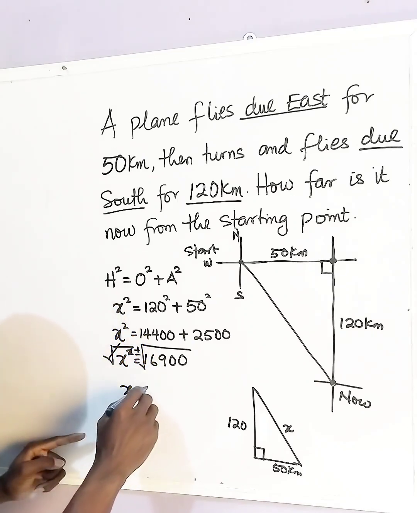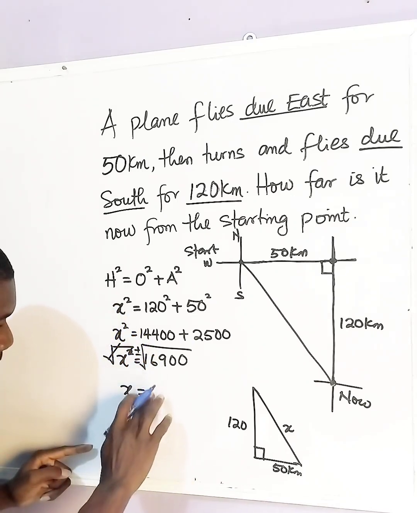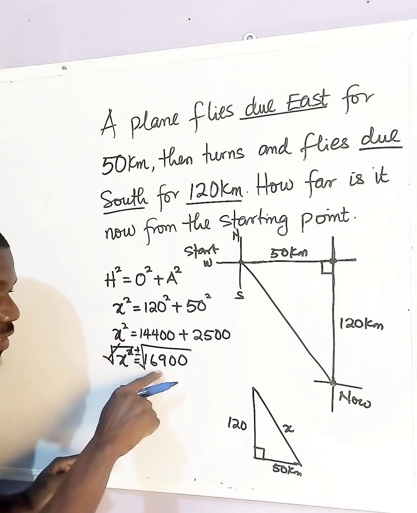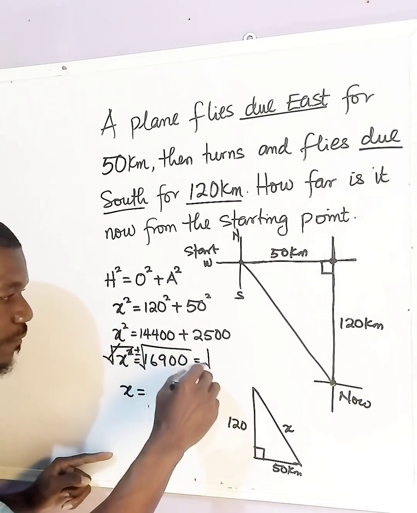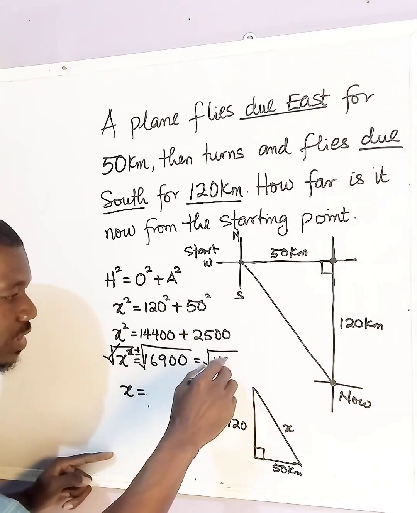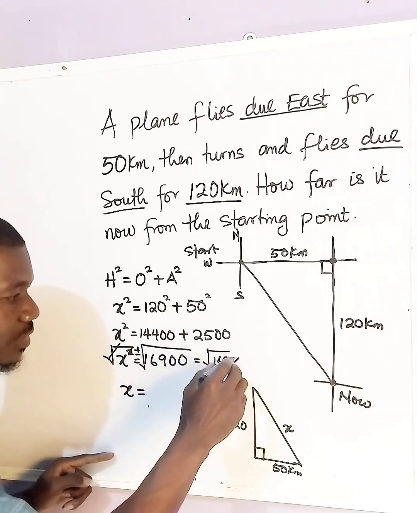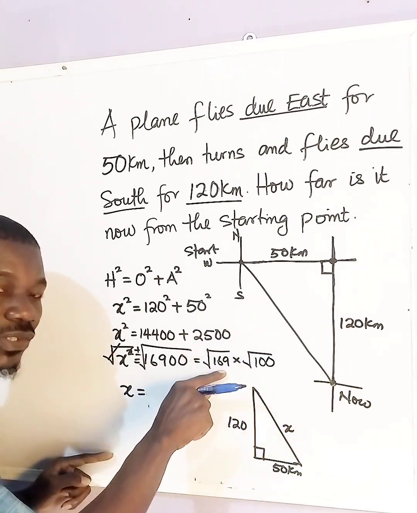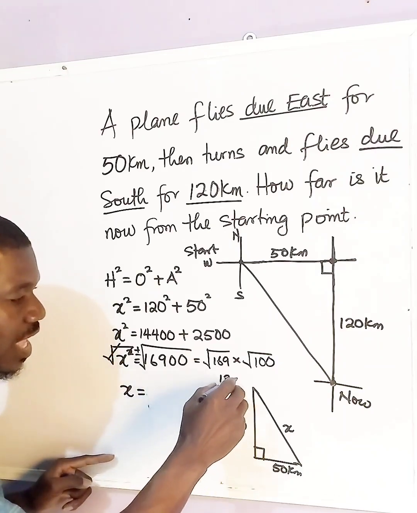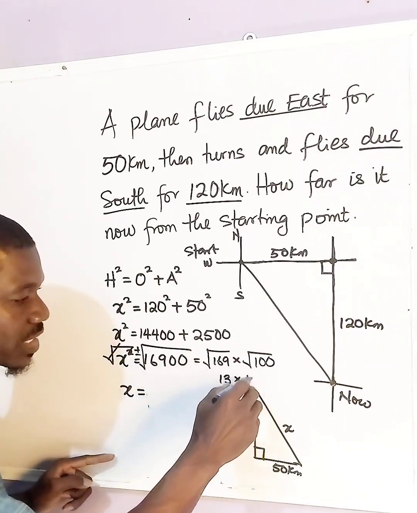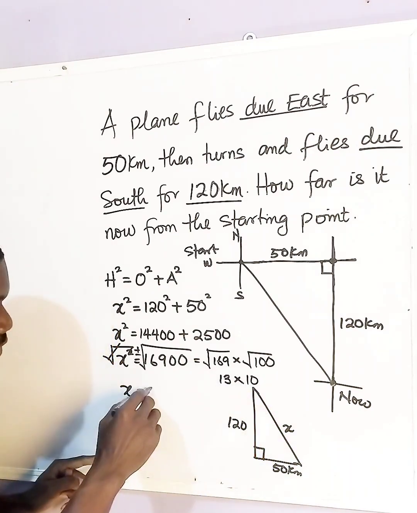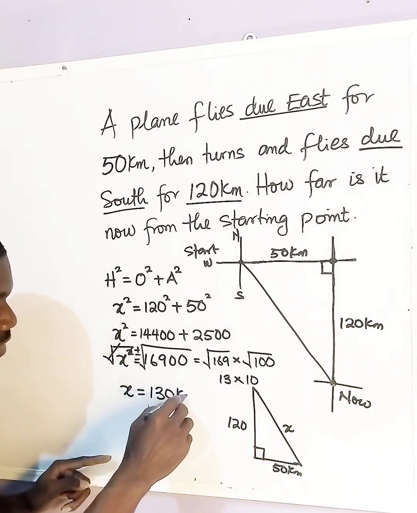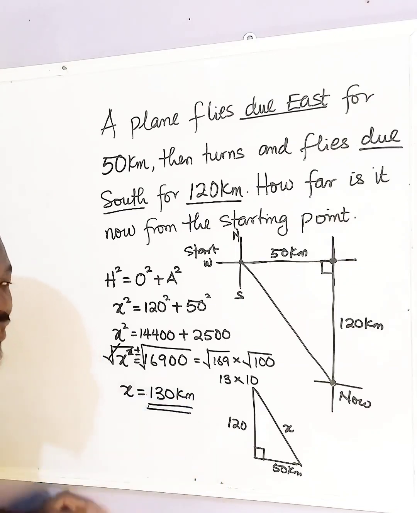So in that case, the square root of 16900, you can just split it: 169 times 100. The square root of 169 is 13, and the square root of 100 is 10. So at the end of the day, we have 130 kilometers as the distance.